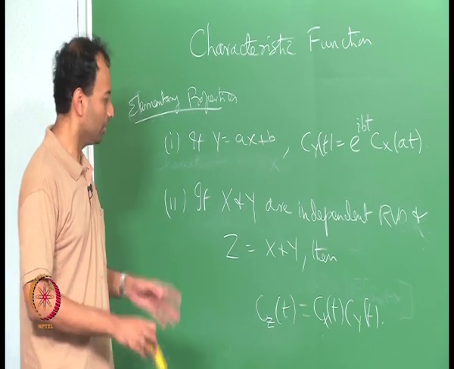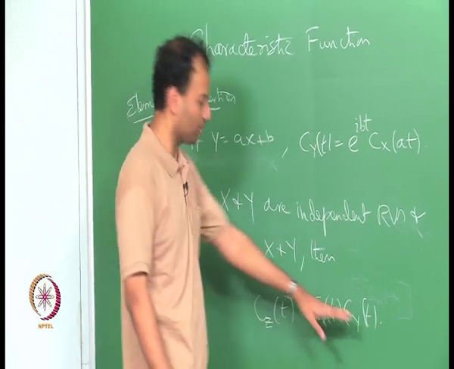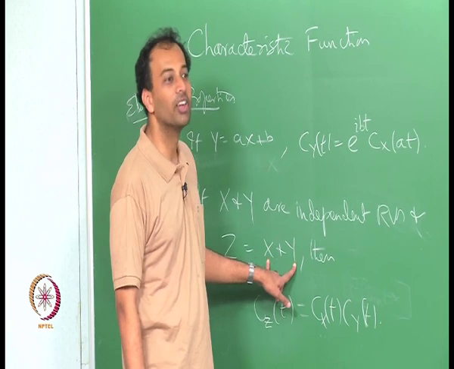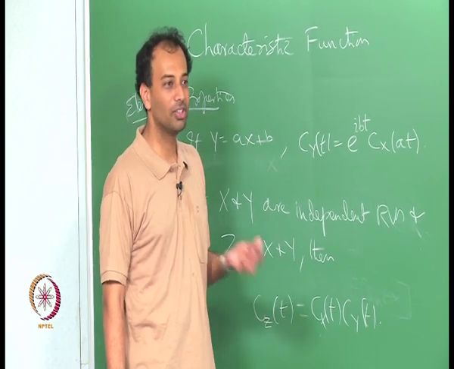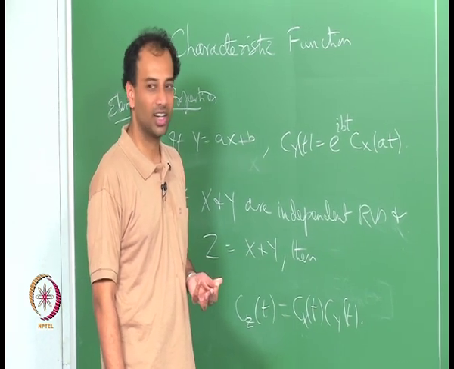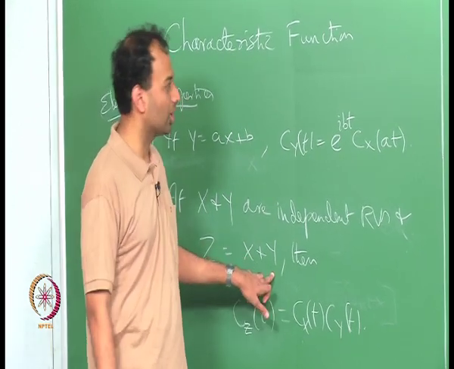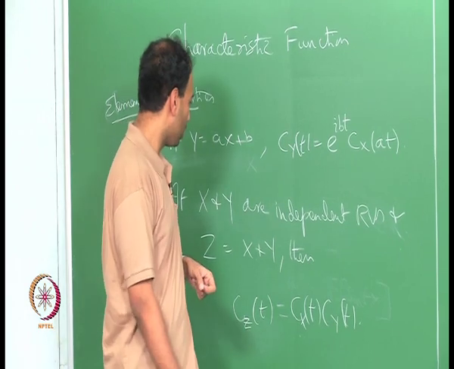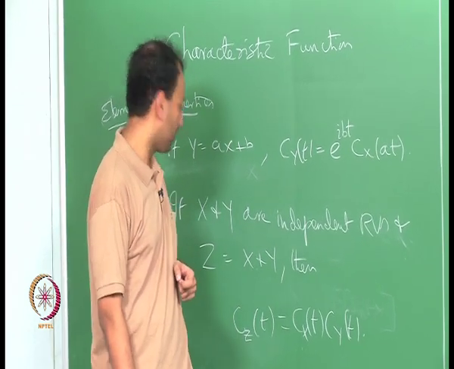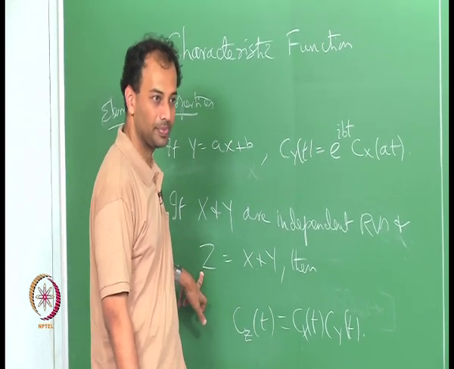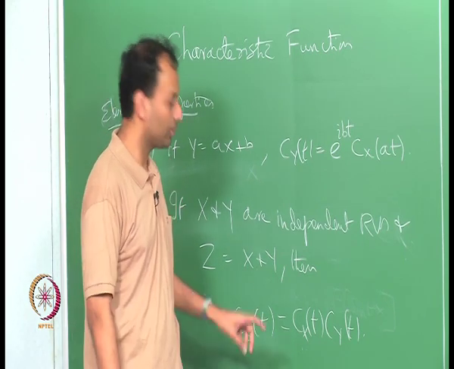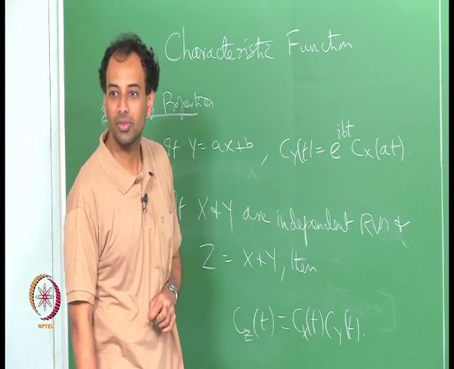The same thing is true for moment generating functions, but if you are dealing with, say, two Cauchy random variables, the moment generating function will not exist. So if you want to figure out what the sum of IID Cauchy random variables is like, you cannot use the moment generating function, but you can use characteristic functions.